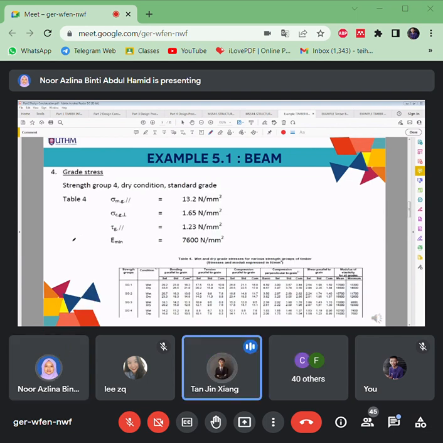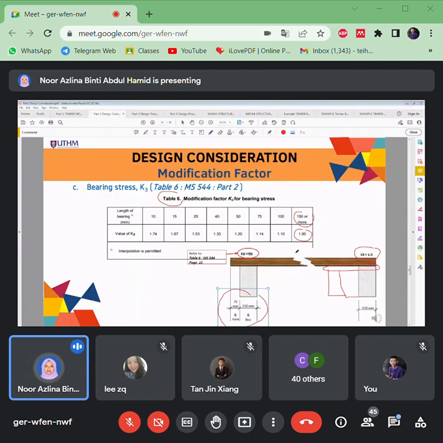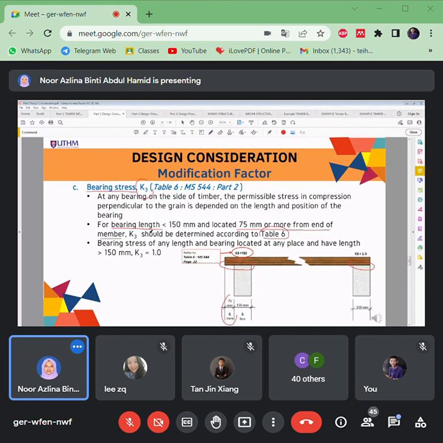Doctor, can you explain again for the K3? I don't understand. Okay, for this K3, I go back to the notes. Okay, here: for bearing length less than 150 and located 75 mm or more from the end of member, K3 should be determined according to table 6 here.